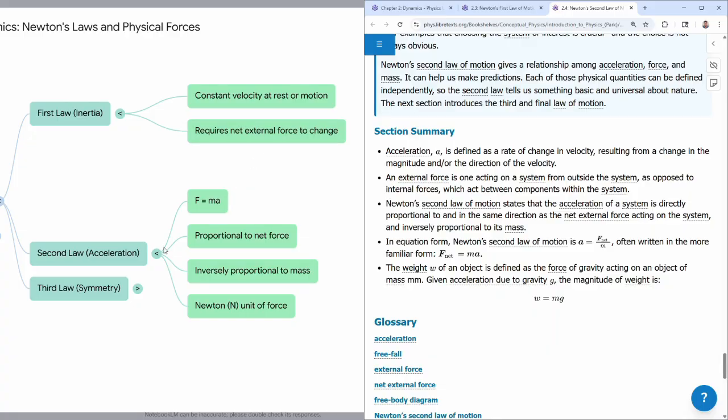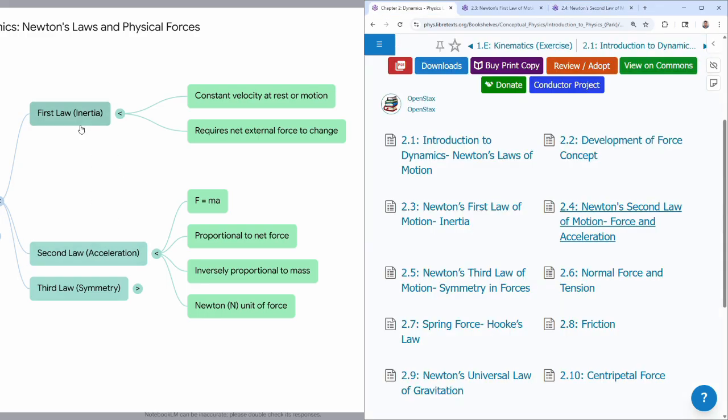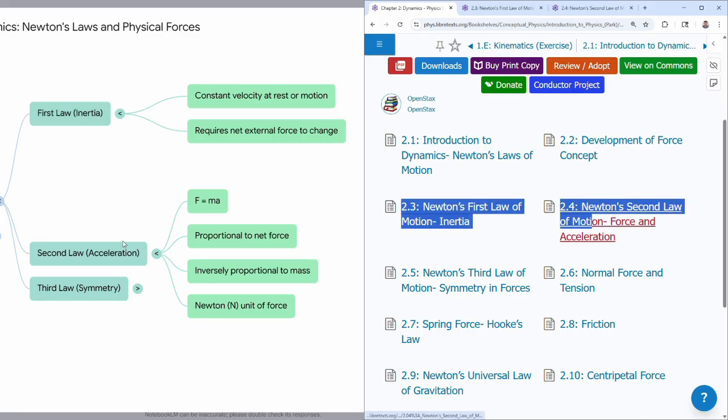Now, looking at Newton's second law and the first law, you might think that these two are saying the same thing. In fact, if you are mathematically minded, you might think the second law includes the first law. Set a equal to 0, no change in motion. That's consistent with the net force being equal to 0. That's what the first law said, wasn't it?